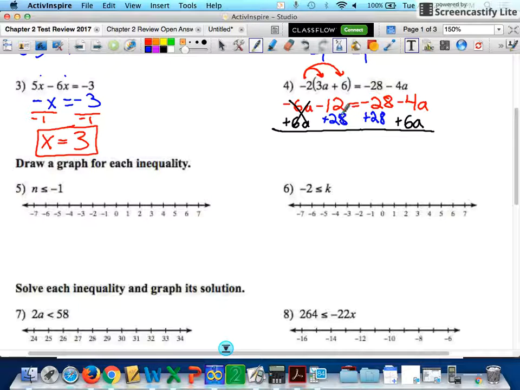And as you'll see, these are going to cancel. So now all I've got left on the right-hand side are my a's, and all I've got left on the left-hand side are my numbers. Specifically, those are 16 equals 2a. And then when we divide each side by 2, those will cancel, and we get that 8 equals a.